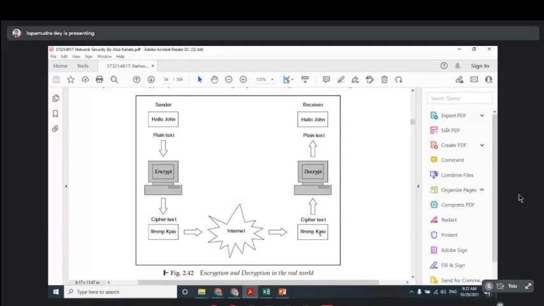The ciphertext is received by the receiver in the physical layer, then it goes through the data link layer, network layer, transport layer, session layer, and after that the presentation layer again converts the ciphertext to plain text at the receiver end, and then at the receiver's application layer you will see this message.